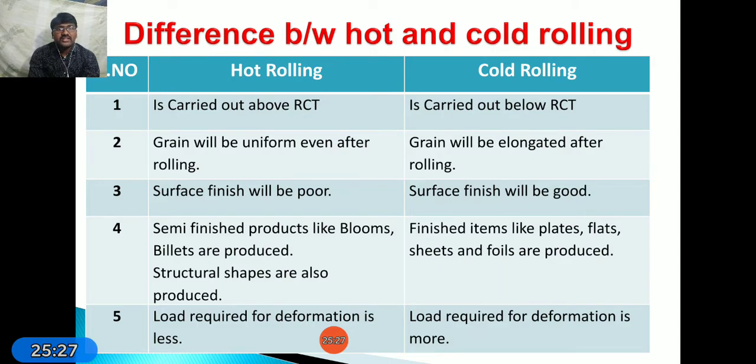Semi finished products like blooms and billets, as well as shapes, can be produced by hot rolling. But in cold rolling, finished items like plates, flat sheets and foils are produced. The load required for deformation is less in hot rolling, but in cold rolling we have to maintain high pressure.